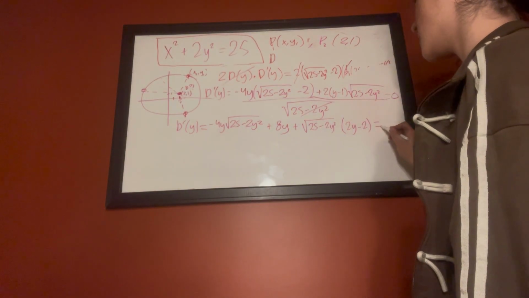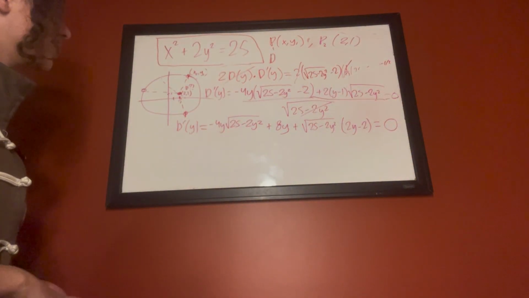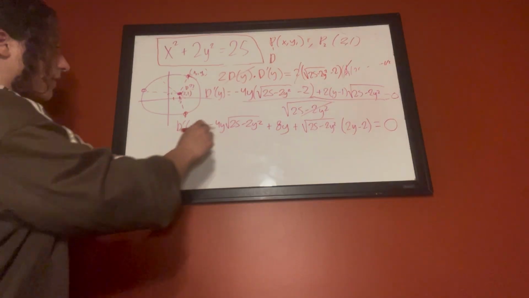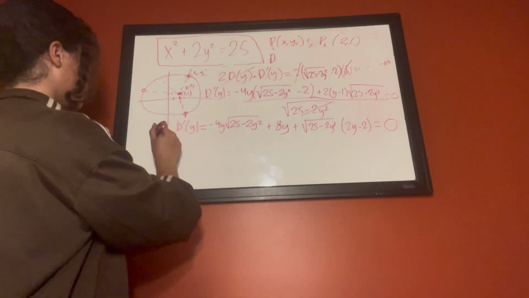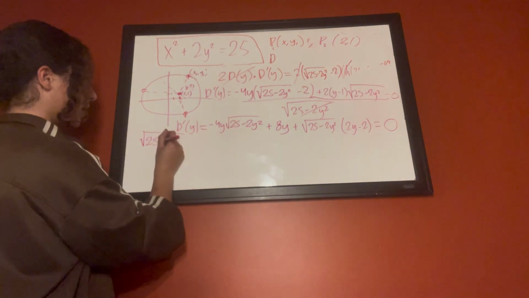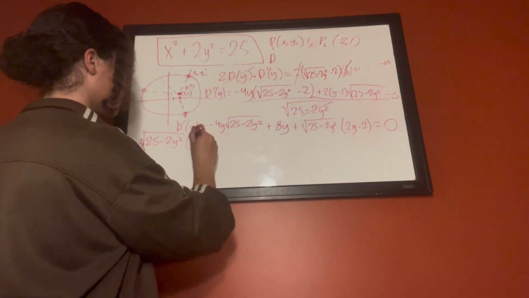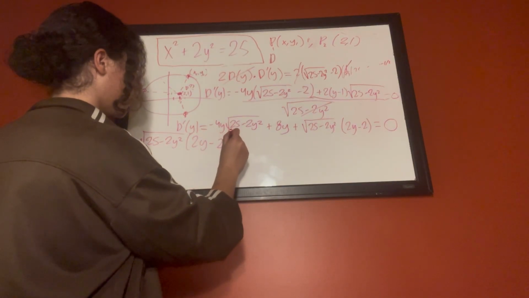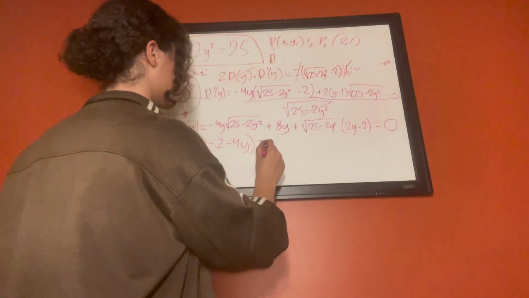Okay, and this is equal to 0. So now what can I do? I can factorize my square root of 25 minus 2y squared, right?